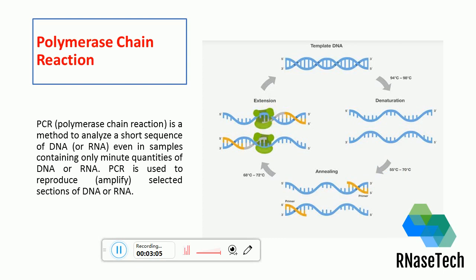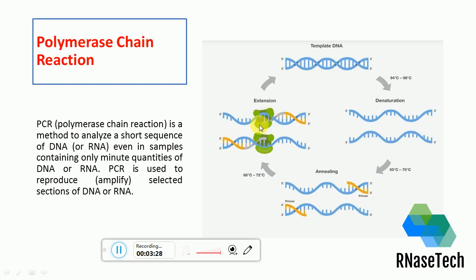After annealing, this green portion is your Taq polymerase, or DNA polymerase. Once the primers get attached, the DNA polymerase attaches to the primer and starts synthesizing a new strand of DNA on both the separated strands. Hence this is known as extension. After a few minutes, this strand will be completed.